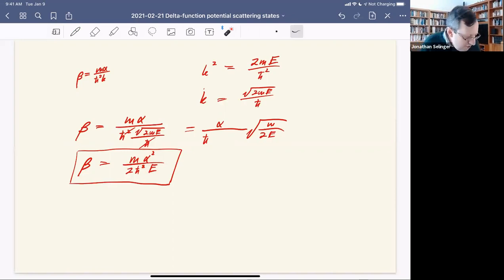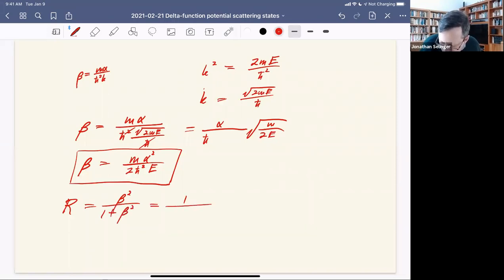So the reflectance coefficient is beta squared over 1 plus beta squared, which I could write as 1 over 1 plus beta to the minus 2.